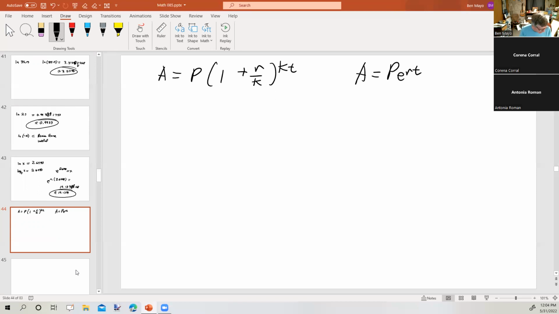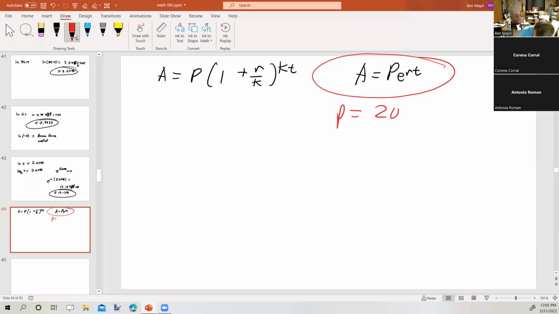The instructions for this problem, the title says continuous compound interest. So already it looks to me like we're looking at this one. An initial investment of $2,000. So P equals $2,000, earns 8% interest, compounded continuously. What will the investment be worth in 15 years?